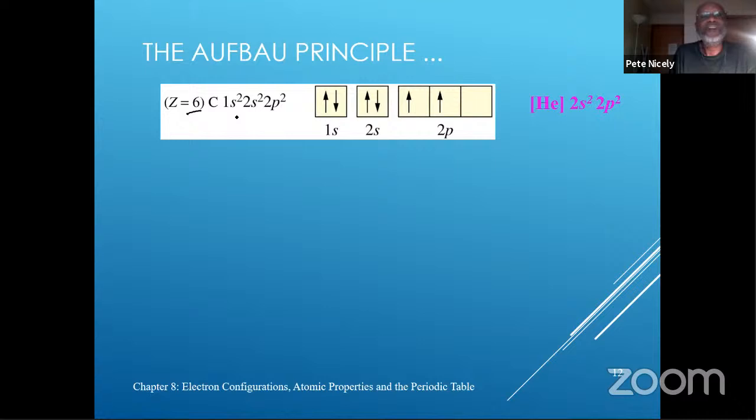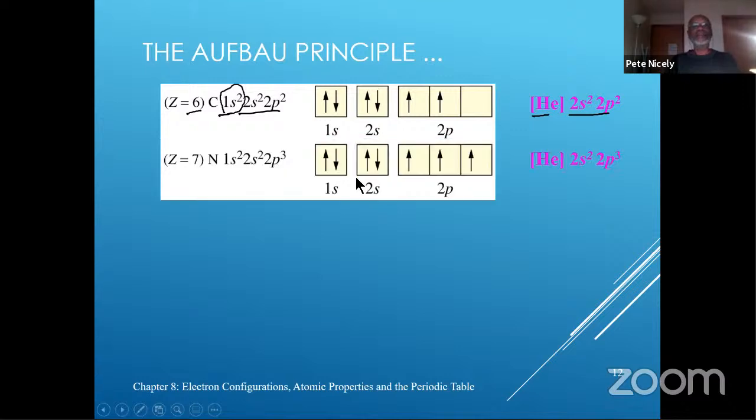So to get from here to the abbreviated version, we identify the group 8 element that comes before carbon, which again is helium. This is the electronic configuration of helium, which is a part of the full electron configuration of carbon. We simply replace that with the symbol for helium, and then we write down the rest, 2s2, 2p2, which you can see here. And that's basically how that is done, all right?